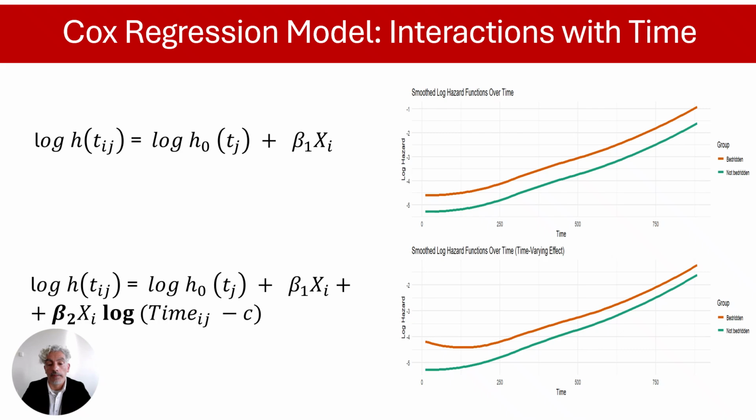And again, this is using the lung cancer data set, but you see the Cox regression model expressed as log hazard in the upper part of this slide, and the graph in the upper part of this slide represents a standard Cox regression model, or the predicted log hazard functions for two groups based on this standard model.